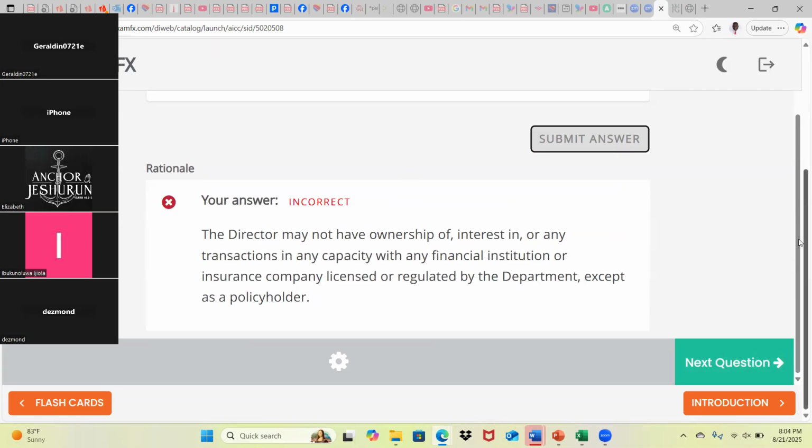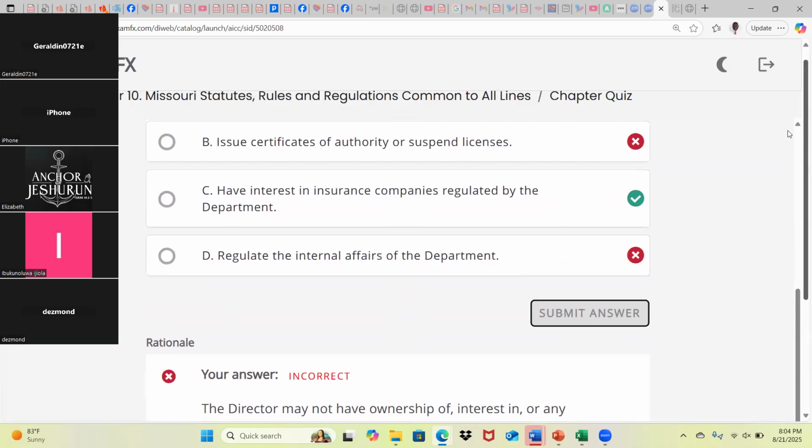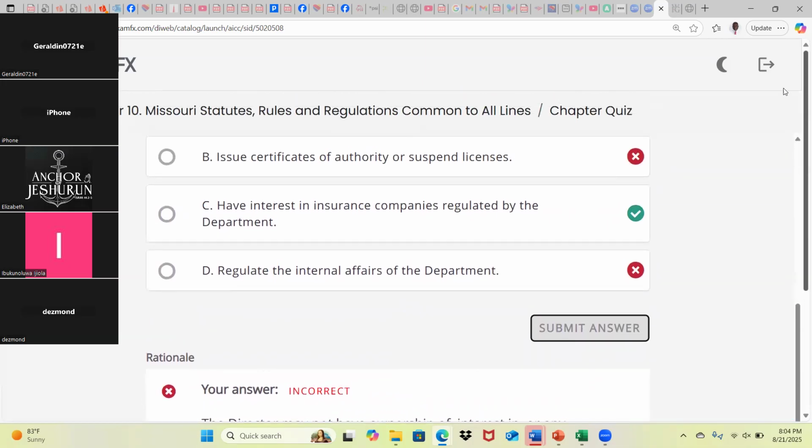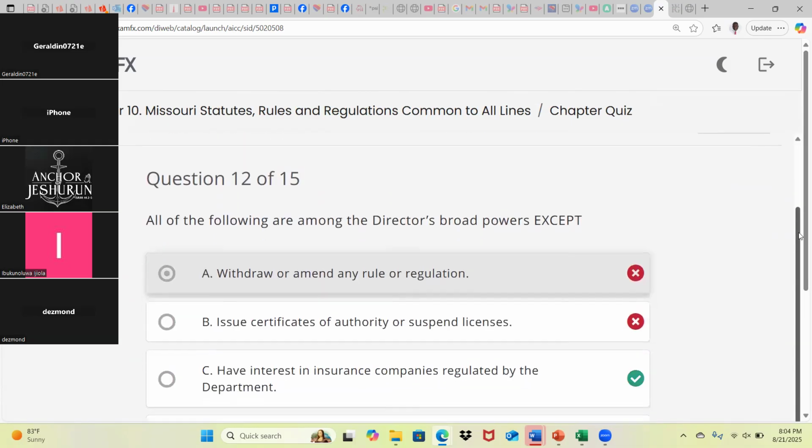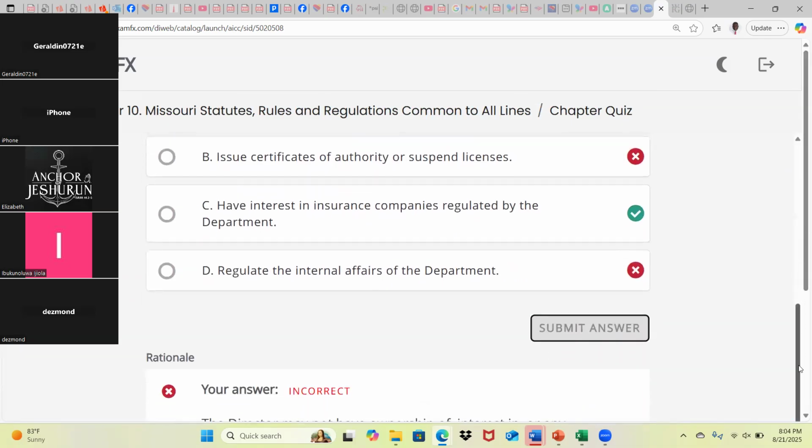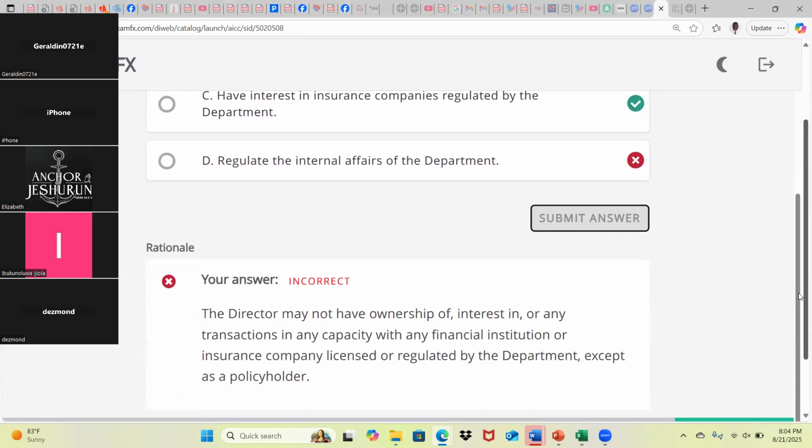Oh, why? Wow. So have interest in insurance companies. Correct. So again, we came down to two, and it just came down to our definition of the word interest.